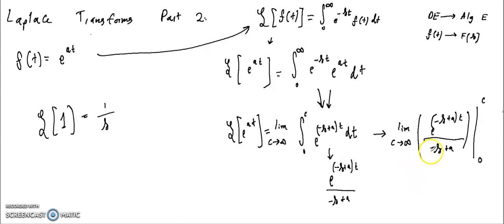One thing I want to point out is this is a constant. So we can pull this out, and let me create some room here. We can pull this out as just 1 over negative s plus a.